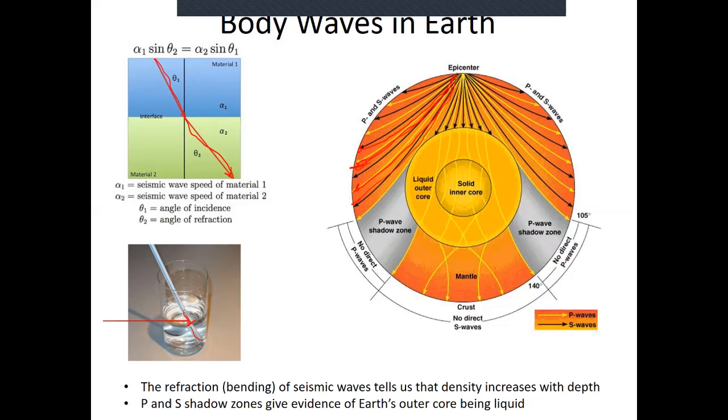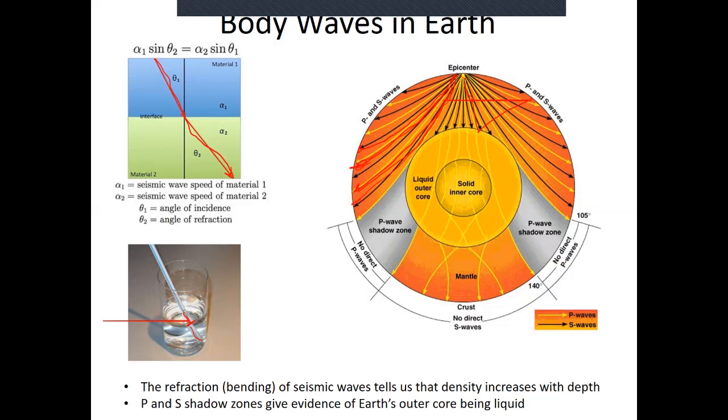And we also see waves that bounce off of interfaces, and so those are different layers. So these bent waves are refractions, and reflections are waves that bounce off. We can use these reflections to see the different layers in the Earth. Actually, the first major discovery from seismology was that the Earth's outer core was liquid. Because remember, S waves can't travel through liquids, they can only travel through solids.